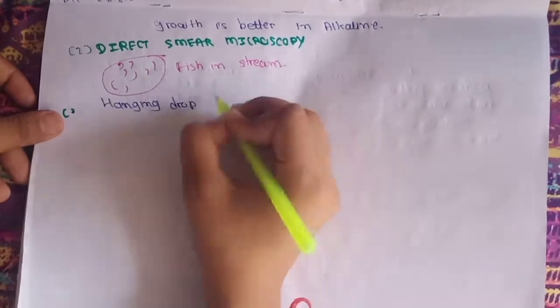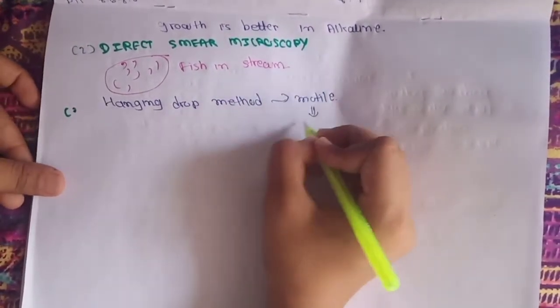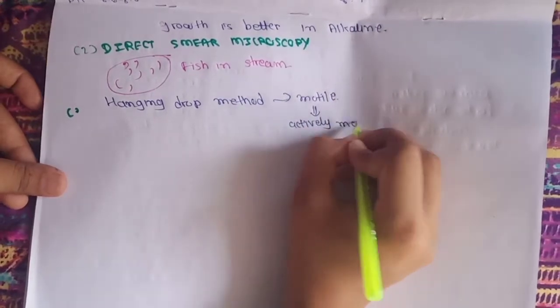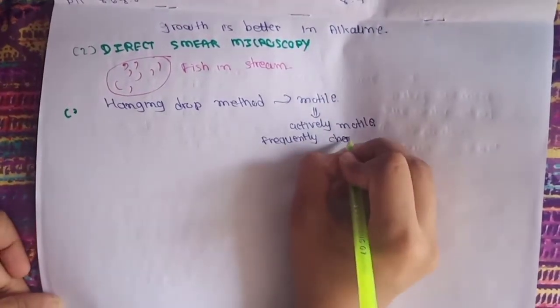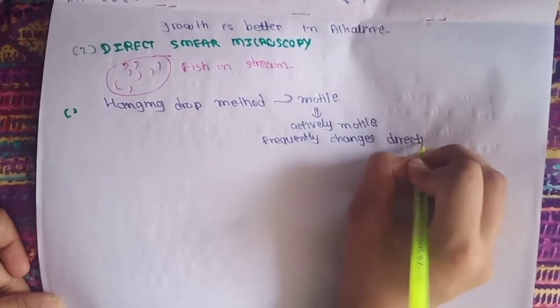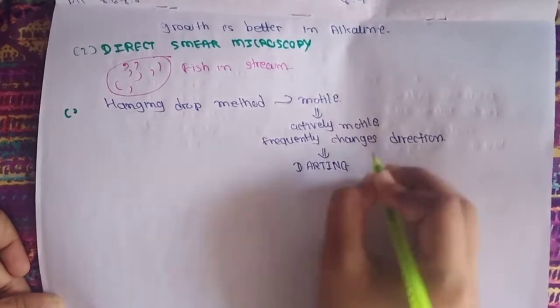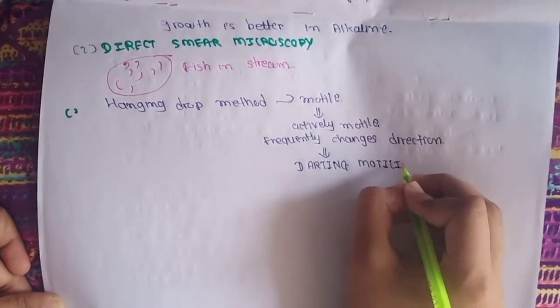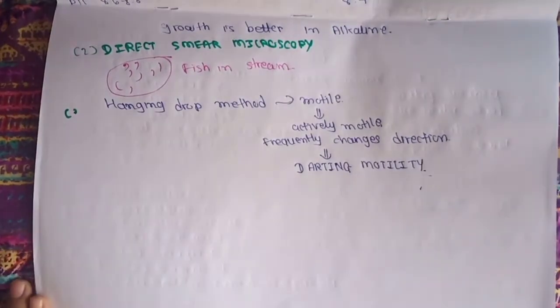The hanging drop method will reveal that they are motile. Vibrio cholerae is actively motile because they frequently change their direction, and so this is described as darting motility. It is also known as shooting star motility.